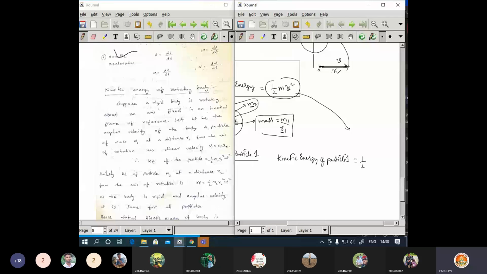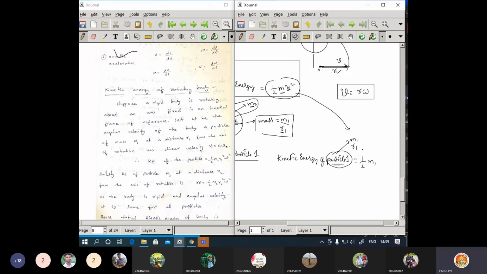Now regarding the first particle, what is the mass here? It is m1. And what was the position? r1. Now you replace m here with m1. Now regarding v, we got the relation v equals r omega.